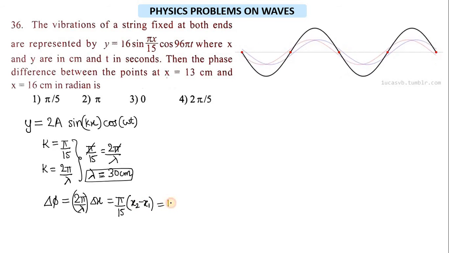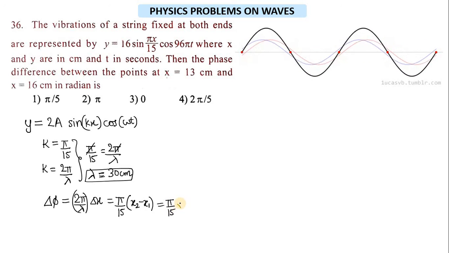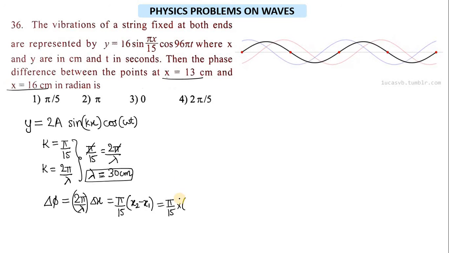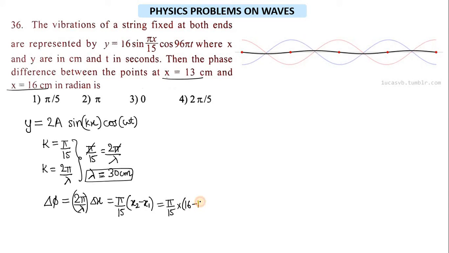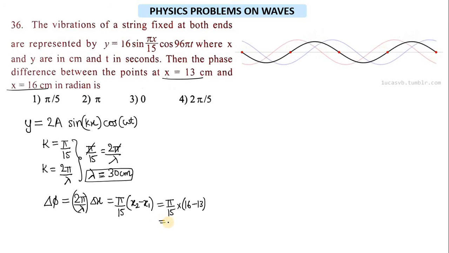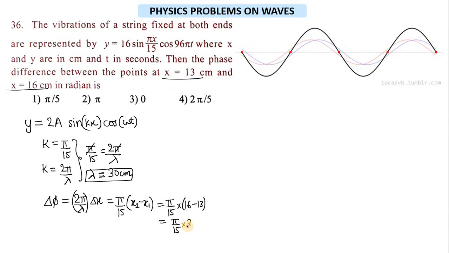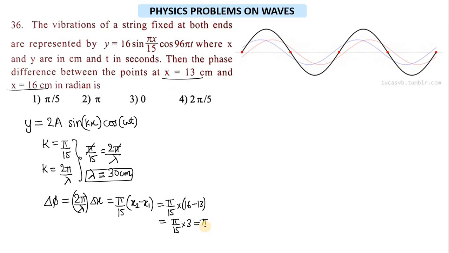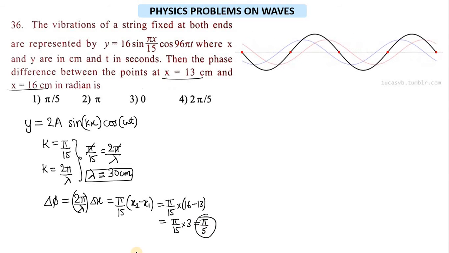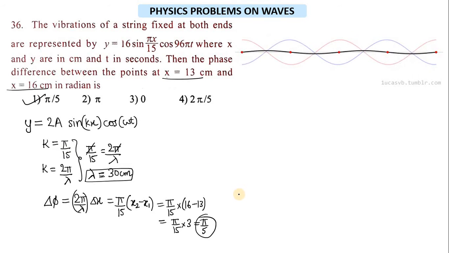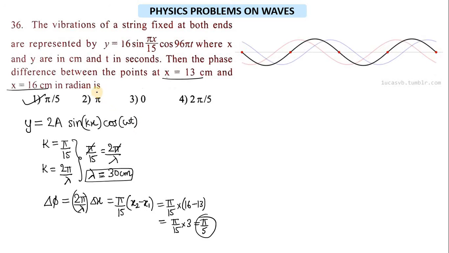That means pi by 15 multiplied by, so the 2 points are located at 13 centimeter and 16 centimeter. So 16 minus 13, which is equal to pi by 15 into 3, therefore pi by 5. So this seems to be the answer as pi by 5, but however the answer key given in the book is this one.